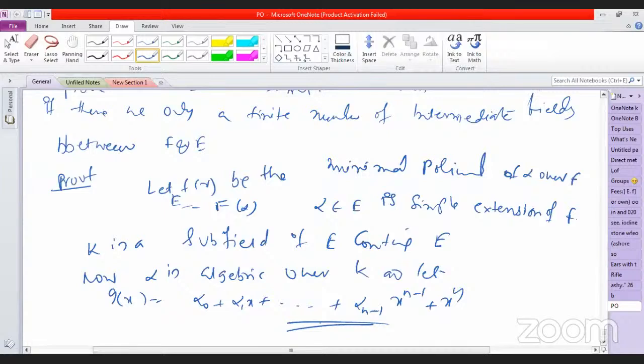Alpha is algebraic over K, so we can write alpha 0, alpha 1 x, and so on, alpha n minus 1. We can write it or not?